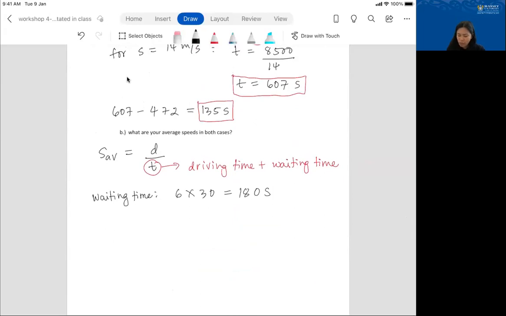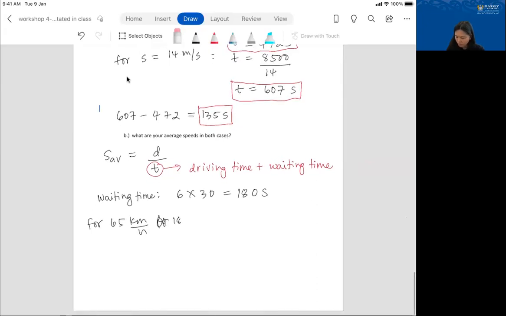So your average speed for when you're driving at 65 kilometers per hour, or 18 meters per second, will be the distance, 8,500 meters, divided by your driving time.